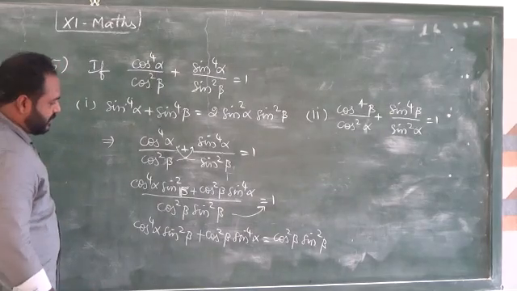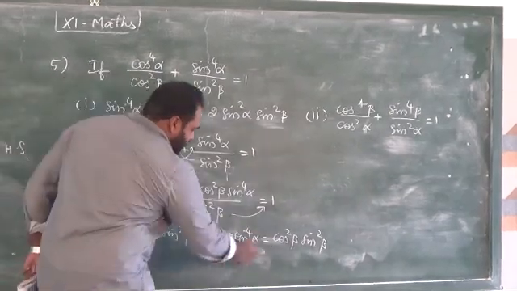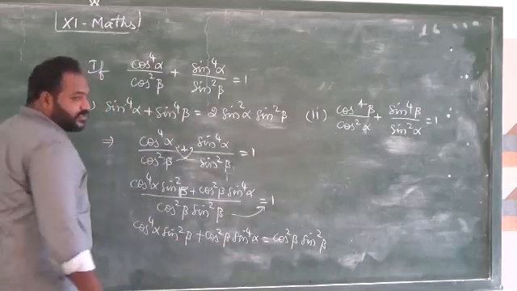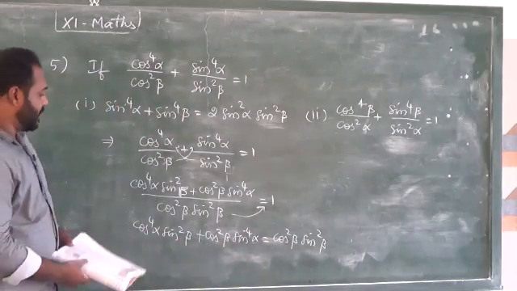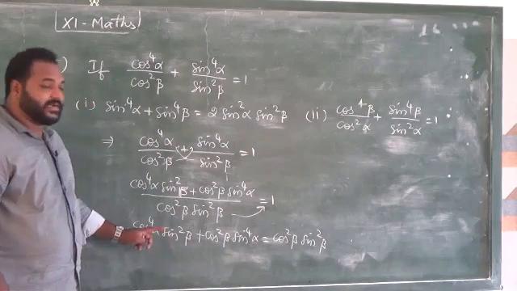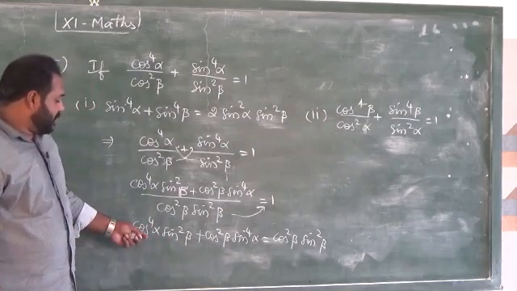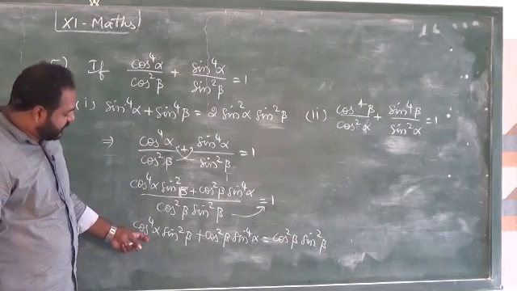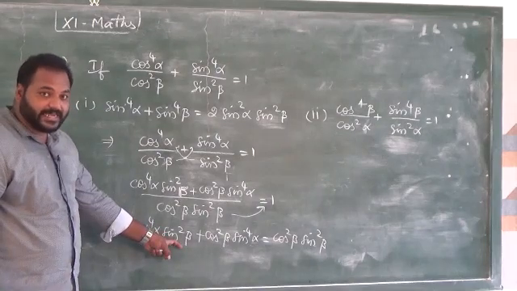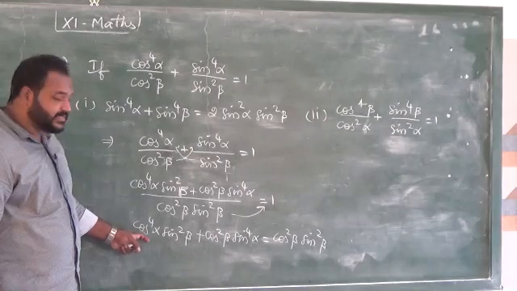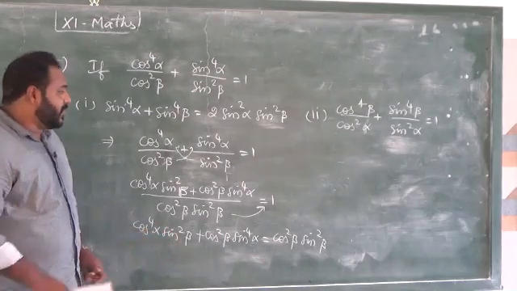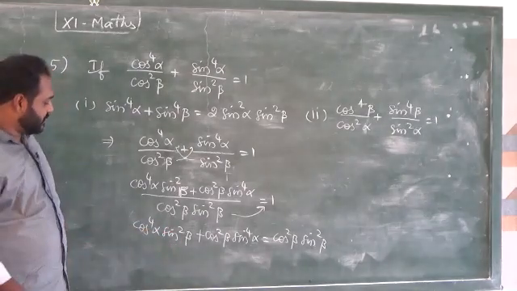In this case, look at the LHS and RHS. We have both cos and sin ratios. So I am going to take either cos or sin terms. First, I am going to take cos in terms of sin. So how can we change cos in terms of sin?